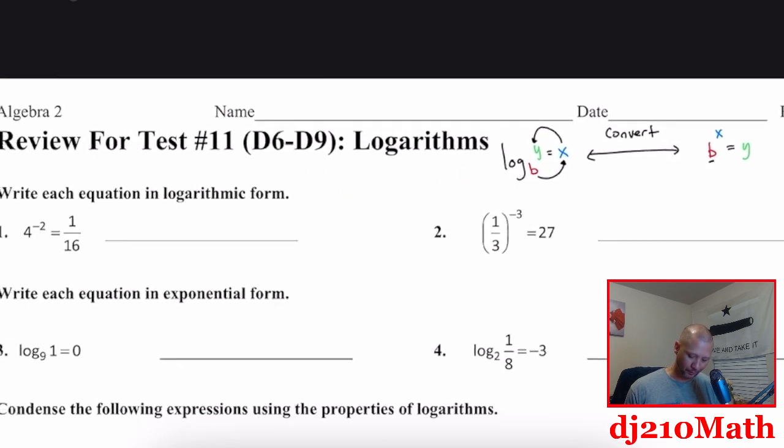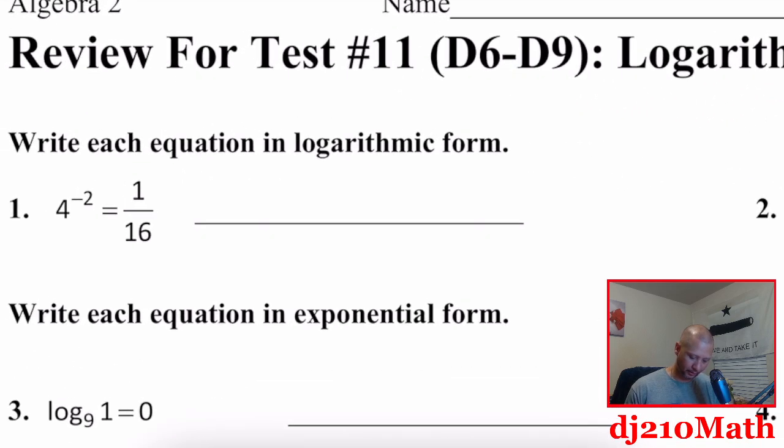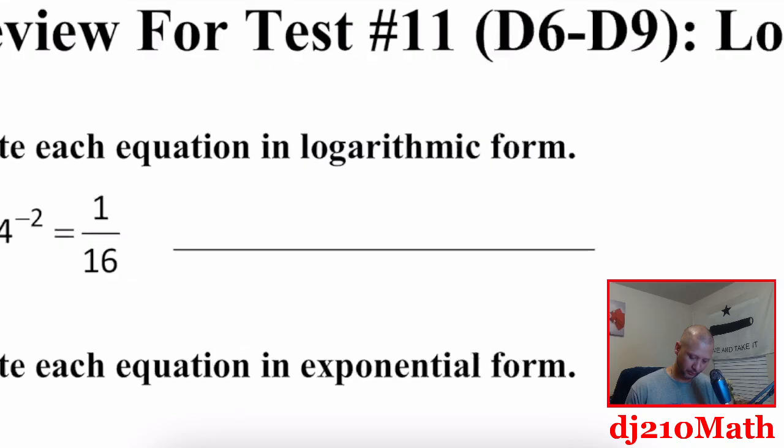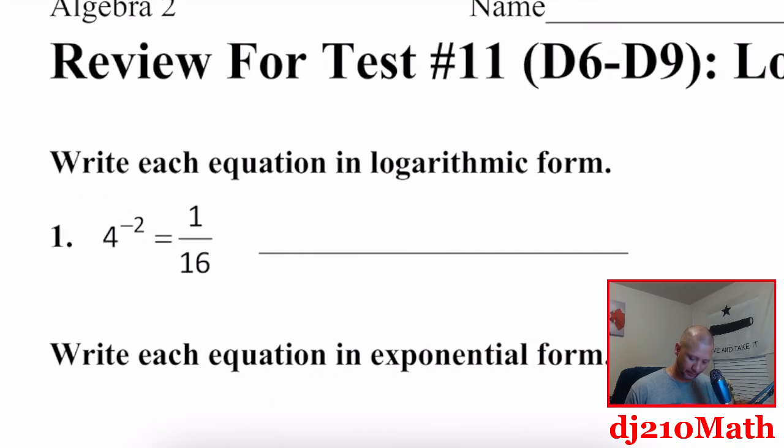So number 1, here they're giving us 4, that's the base, raised to the negative 2 power, and it equals 1 over 16.